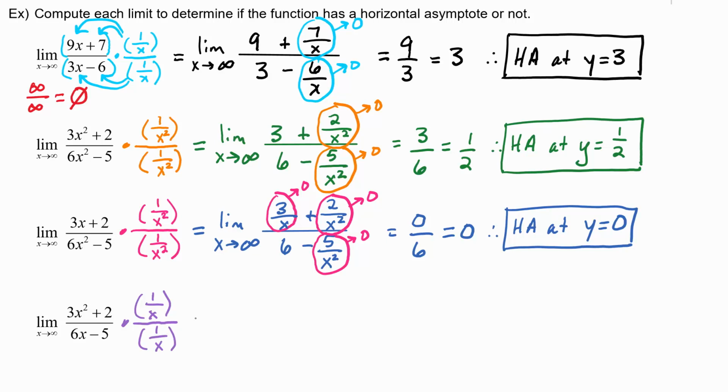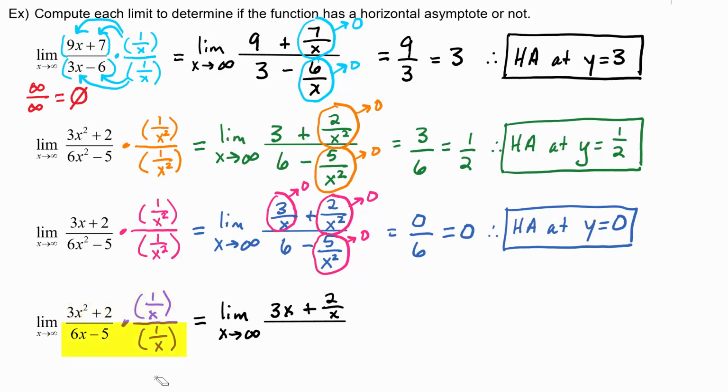Now this is going to equal the limit as x goes to infinity, 1 over x times 3x squared is going to be 3x plus 1 over x times 2 is 2 over x.